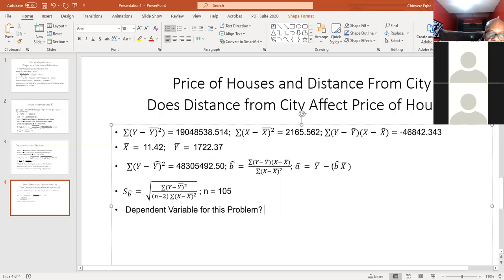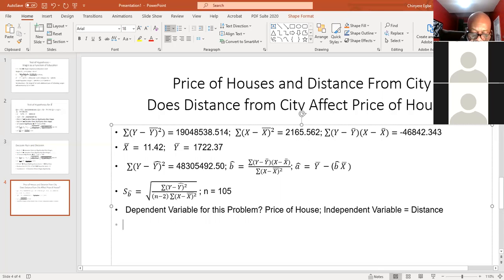That is, the price of a house depends on its distance from the city. So the dependent variable is price of house, and the independent variable is distance.